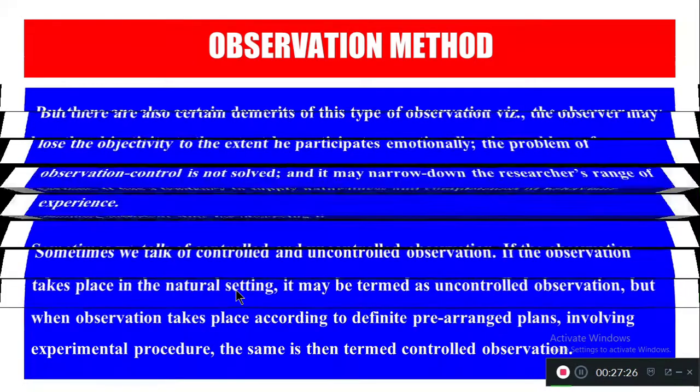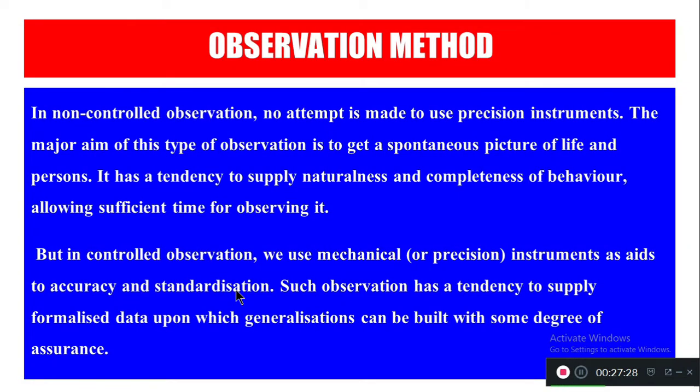In uncontrolled observation, we are observing without any instruments. We just see what they are doing and how they do it, but we don't have any records. We are not maintaining proper information of what we are observing. So here complete behavior we cannot observe in uncontrolled observation.